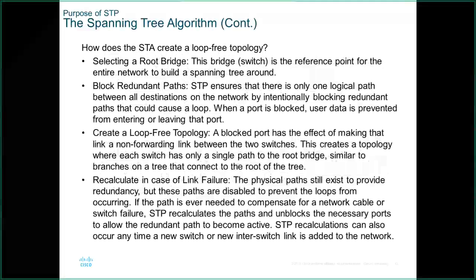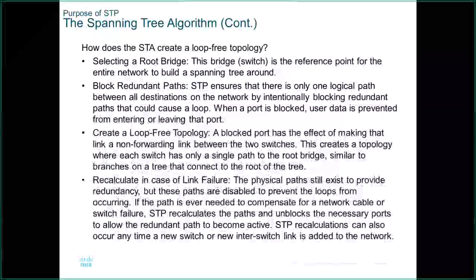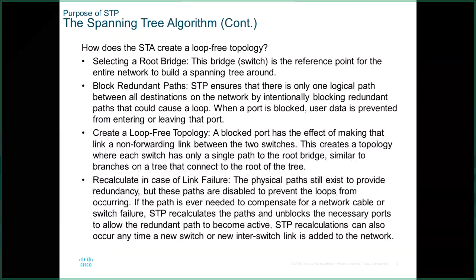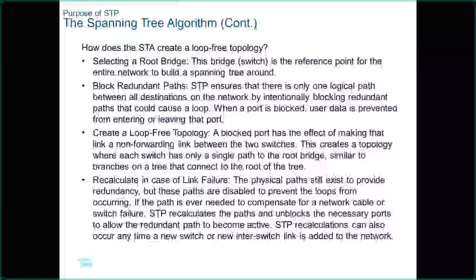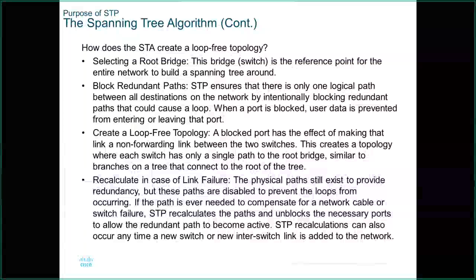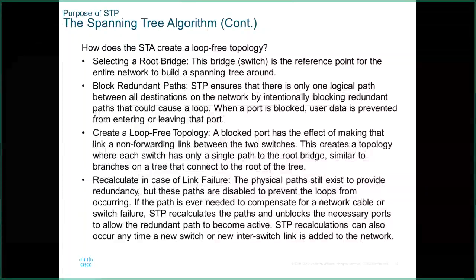So by selecting the root bridge, this is the reference point for the entire spanning tree method within the switches. It then blocks a redundant path, so it creates only one logical path within the spanning tree, thus eliminating any loops.